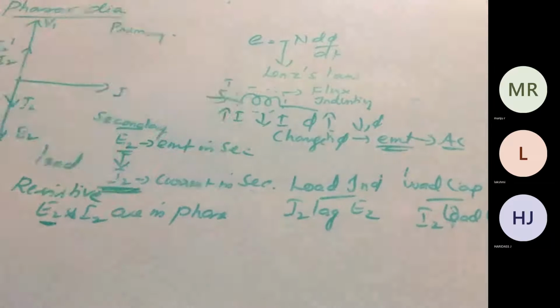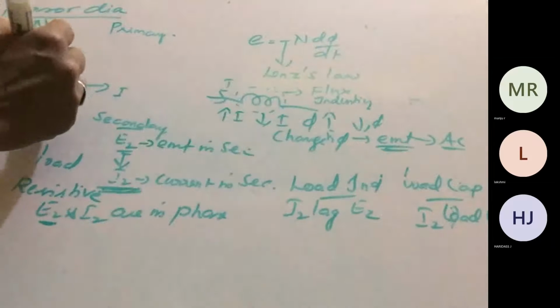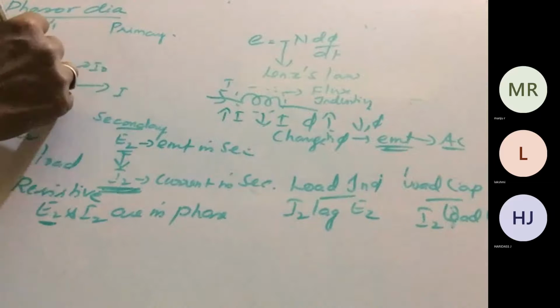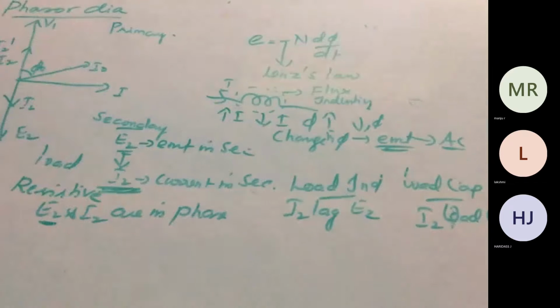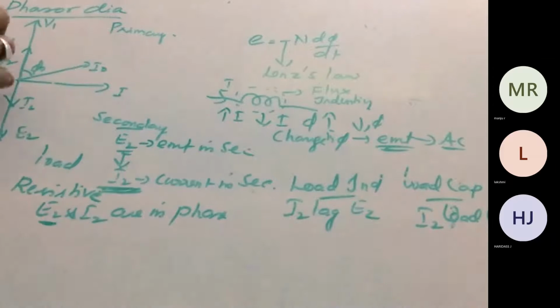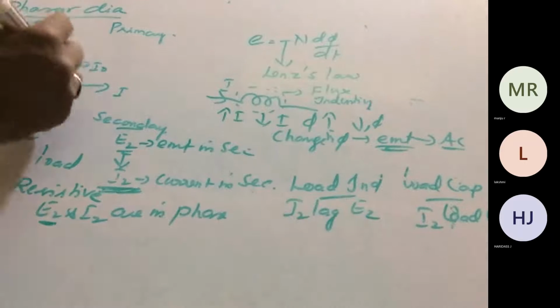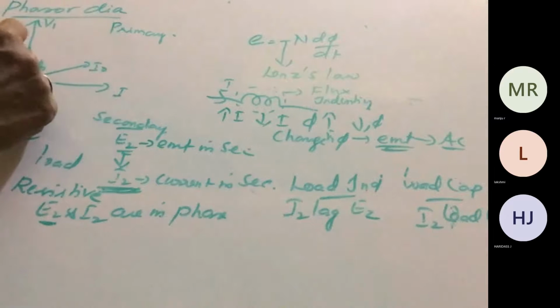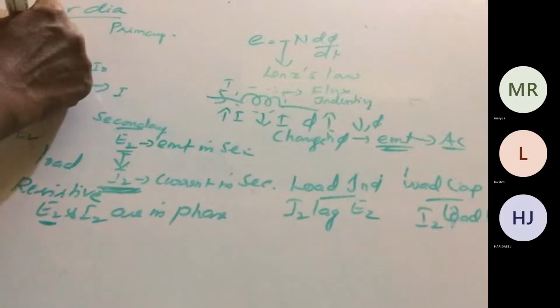Already we have seen in the no load condition, I0 will be the no load current which lags by an angle phi naught, not by 90 degrees. Now we know I0 and I2 dash, and the resultant current I1 is to be calculated. For that you should draw the parallelogram. From the origin to I0, the same magnitude you draw from I2 dash.